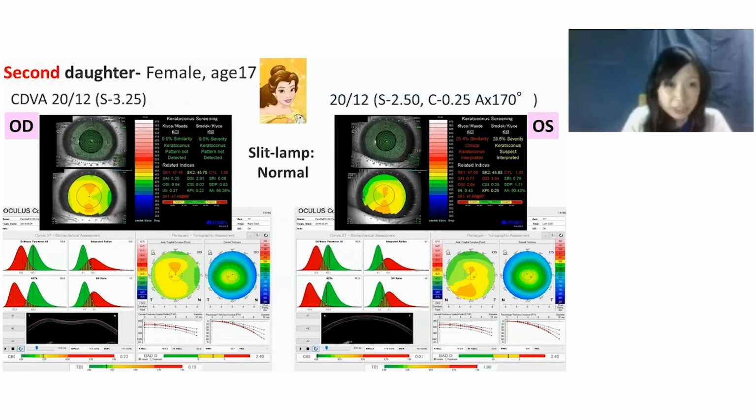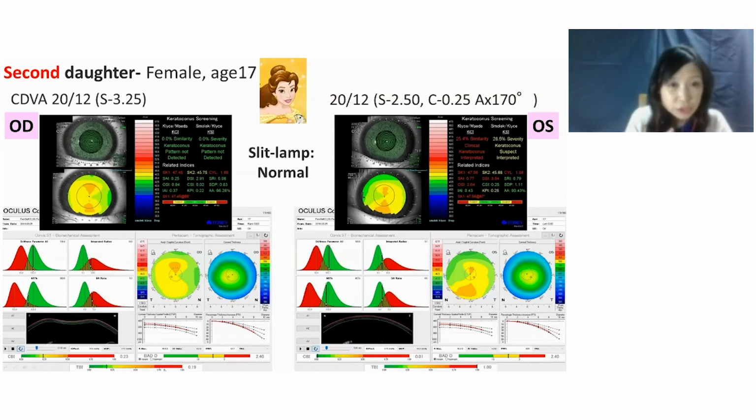Okay, so the second daughter definitely has clinical keratoconus based on the keratoconus screening index. Definitely the left eye shows TBI of 1.00, and BAD-D indicates 2.4.